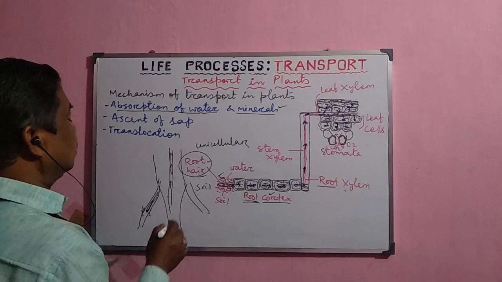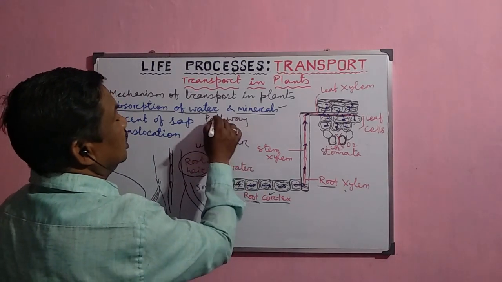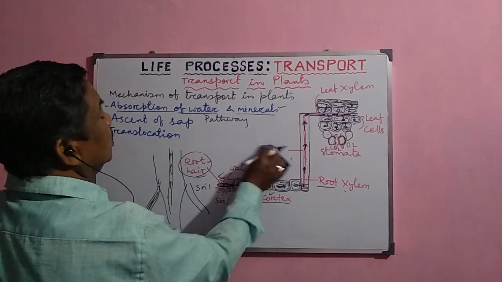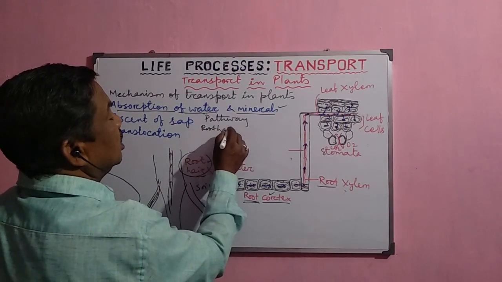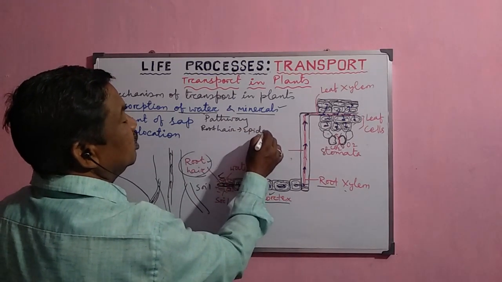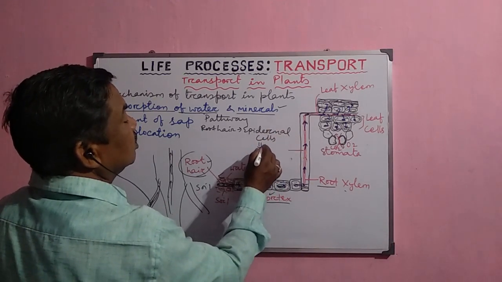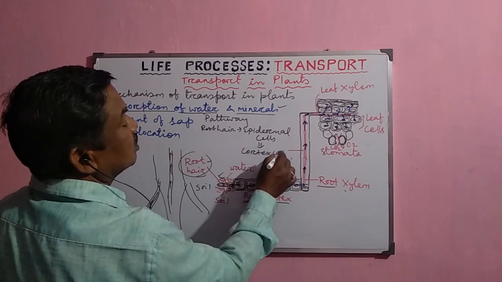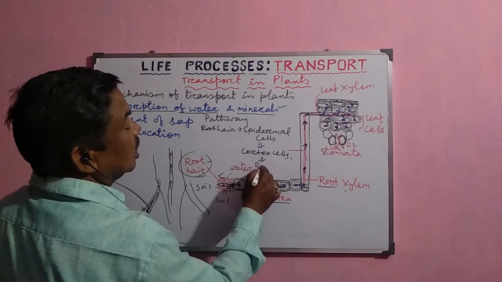And this absorption of water, the pathway through which it normally enters into the root: the first one is the root hair, and from the root hair it passes to the epidermal cells, and from the epidermal cells it passes to the root cortex, the cortex cells, and from the cortex cells it enters into the root xylem.